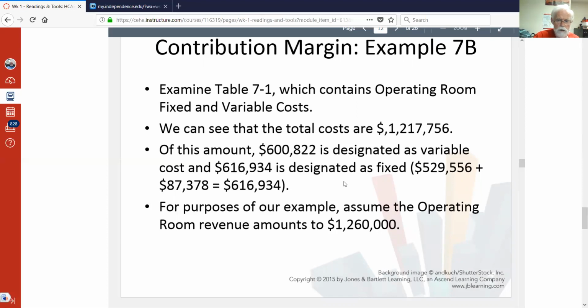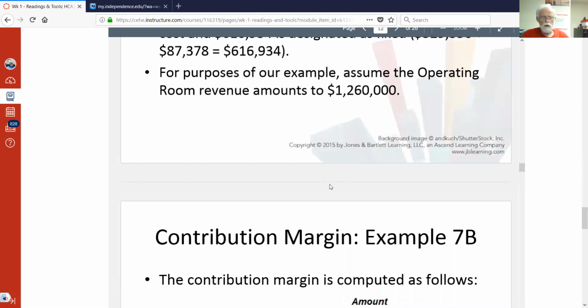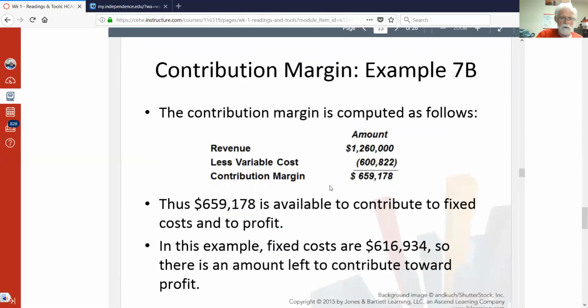It's a part of the equipment that you have. Those are often fixed. Variables: surgeon's time, nursing time, cleaning time between, because we don't have the same number of surgeries every day. So it really can be kind of an interesting thing to try and figure out.